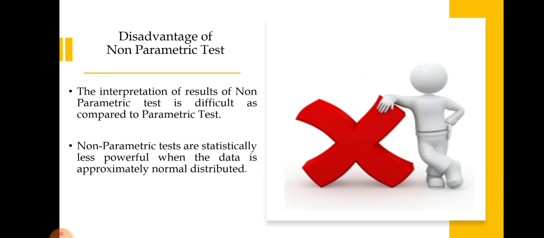Non-parametric tests are statistically less powerful when data is approximately normally distributed. So if the data is approximately normally distributed and we apply a non-parametric test, then these tests do not give the appropriate results.